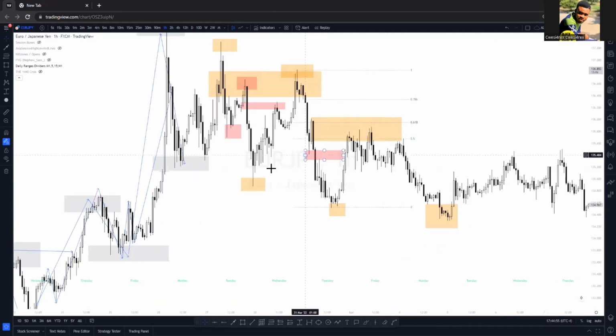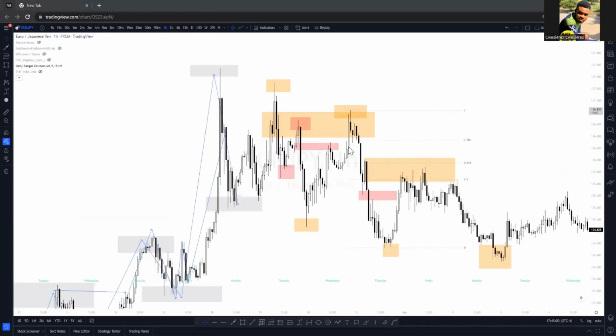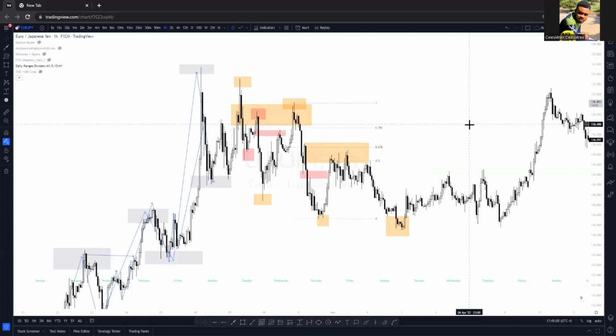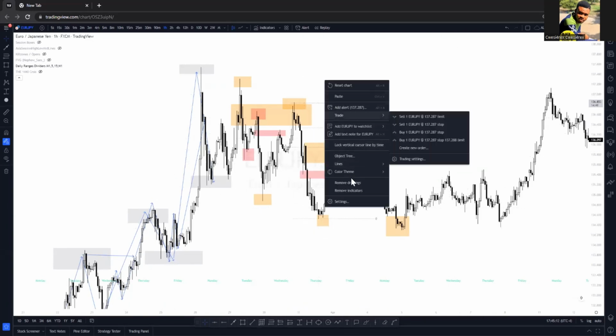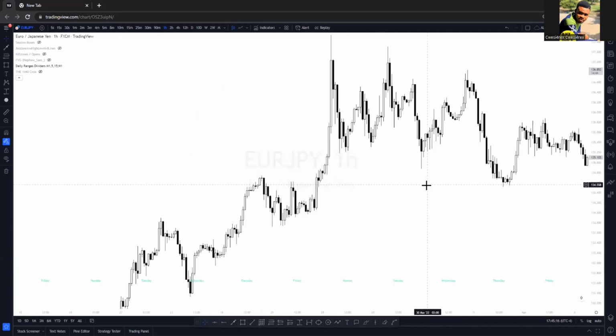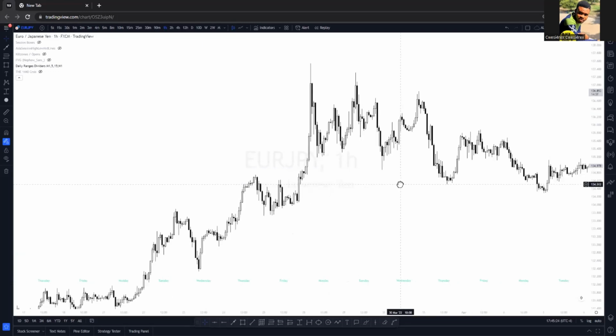So basically, we have covered the market structure and how to identify a point of interest in the market, right? We have done all that. When we are back, we will dive into the advanced algo market structure.